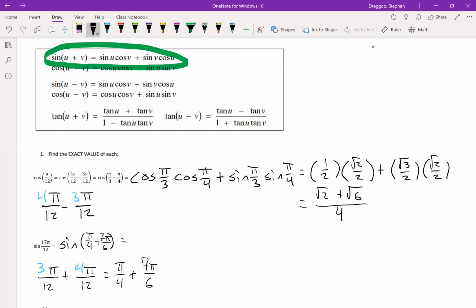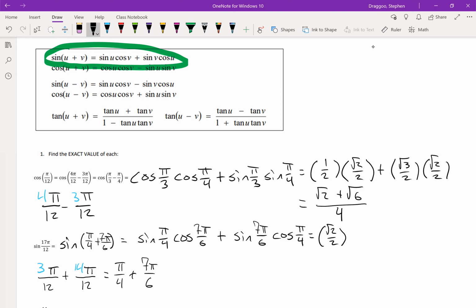So this should be the sine of pi over 4 times the cosine of 7 pi over 6 plus the sine of 7 pi over 6 times the cosine of pi over 4. Then I can go to the unit circle to get each of those values.